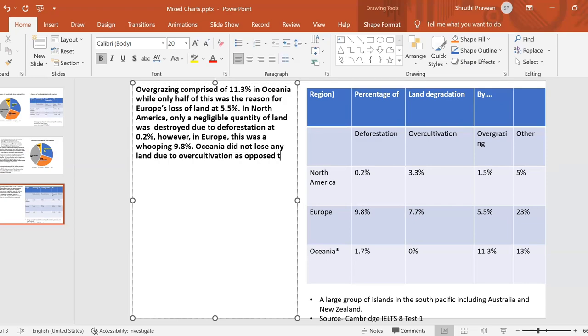As opposed to North America, at 3.3 percentage and Europe 7.7 respectively.